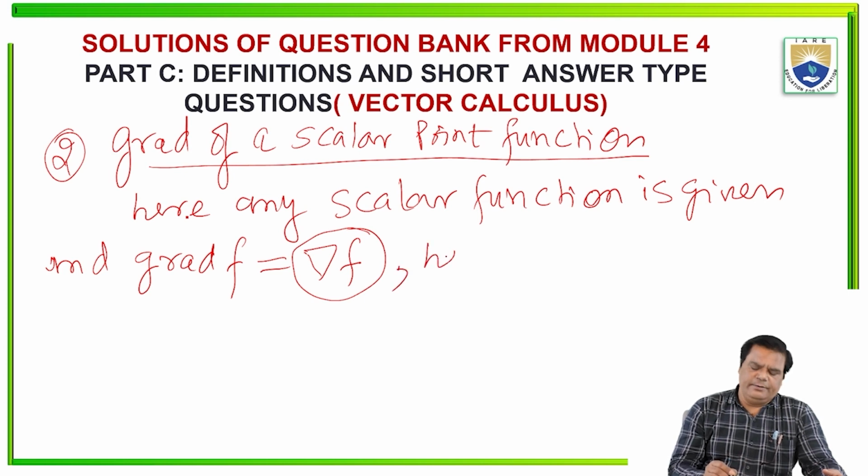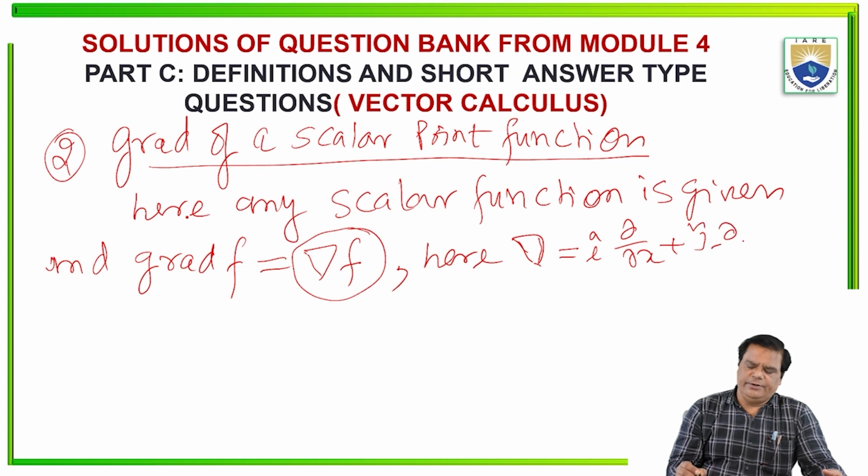Here del is i dou over dou x plus j dou over dou y plus k dou over dou z.